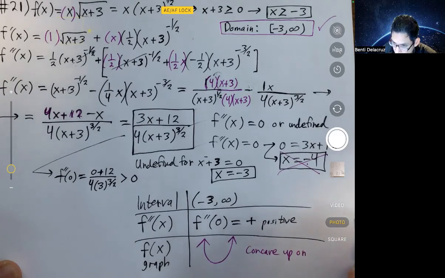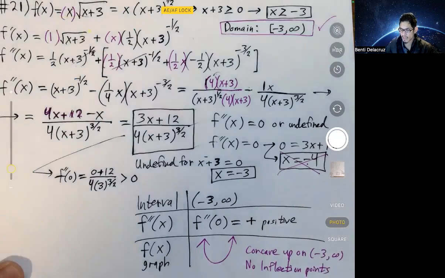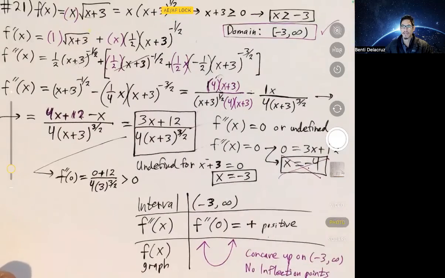Concave up on -3 to infinity, no inflection points. Remember, inflection points would be where it would change from concave up to concave down or vice versa. And there aren't any, so that's it for that.